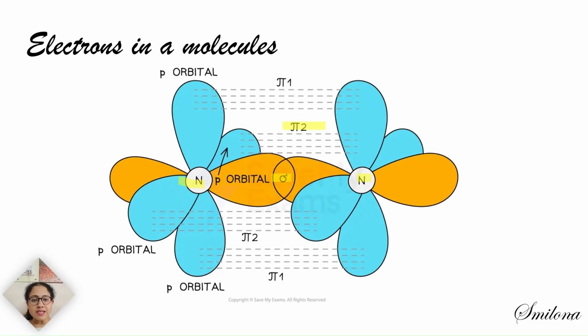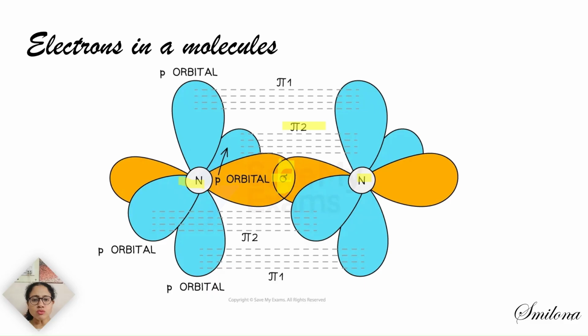Now, when you have electrons in the sigma orbital, this orbital is present right in between the two nuclei, so it is being pulled by two nuclei. To make it jump to a higher energy level will require a lot of energy, because it's not held by one nucleus, it is held by two nuclei.